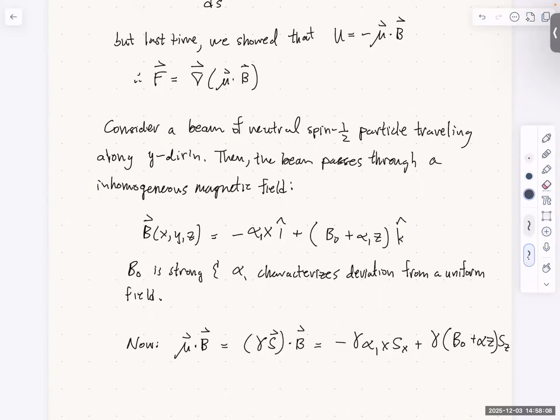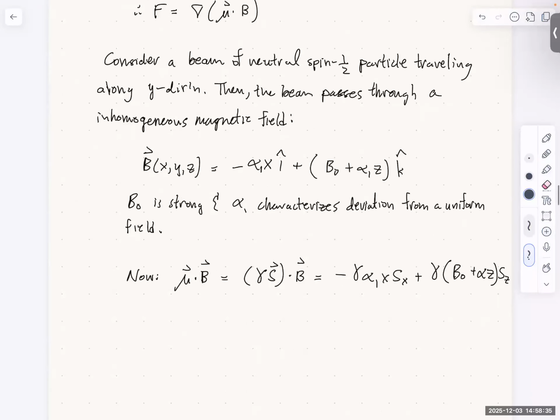Then finally, we can take the gradient of this dot product. It's going to be pretty easy, because the d by dx is only going to act on this term, and it's going to kill the x. The d by dz is going to kill B naught completely because it's constant. It'll just take this alpha 1 z and turn it into alpha 1.